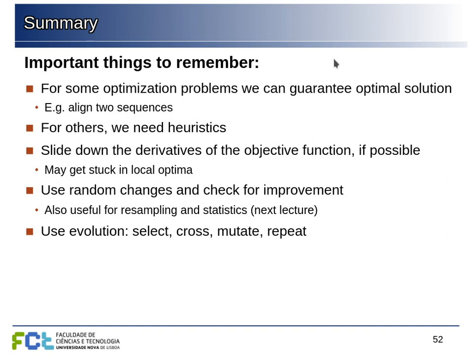Another approach is to use randomness to try to improve things or to sample populations. We're going to see in the next lecture the application of these methods for resampling and for taking statistics, but you can use this for optimization too by using some criteria for whether or not to retain another solution.